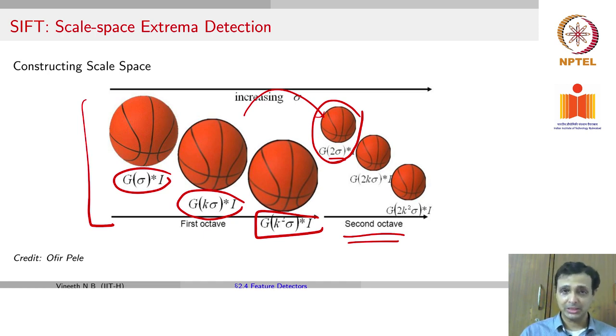Remember, when you take Gaussian 2 sigma, your spread is going to be wider for the Gaussian. So you're going to blur out more pixels and probably consider more pixels that are further out, which is what would have happened if you had subsampled and then done a Gaussian with sigma as the standard deviation.